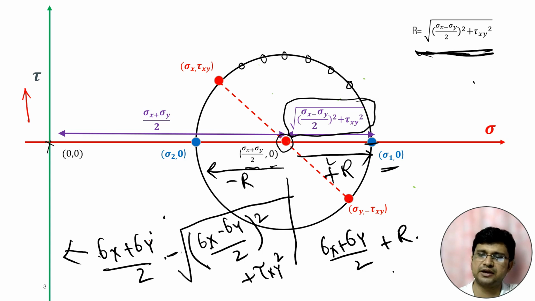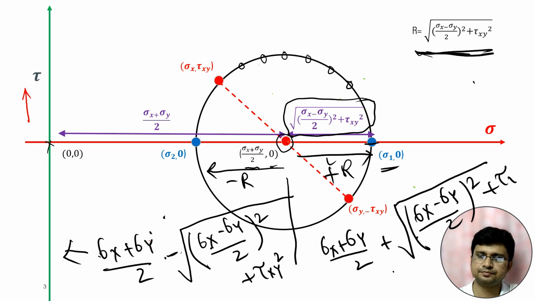So this is the value of minor principal stress, and this will be the value of major principal stress. From the Mohr-Circle, if we just draw it, by measuring these 2 values we can calculate how much is the major principal stress and how much is the minor principal stress.